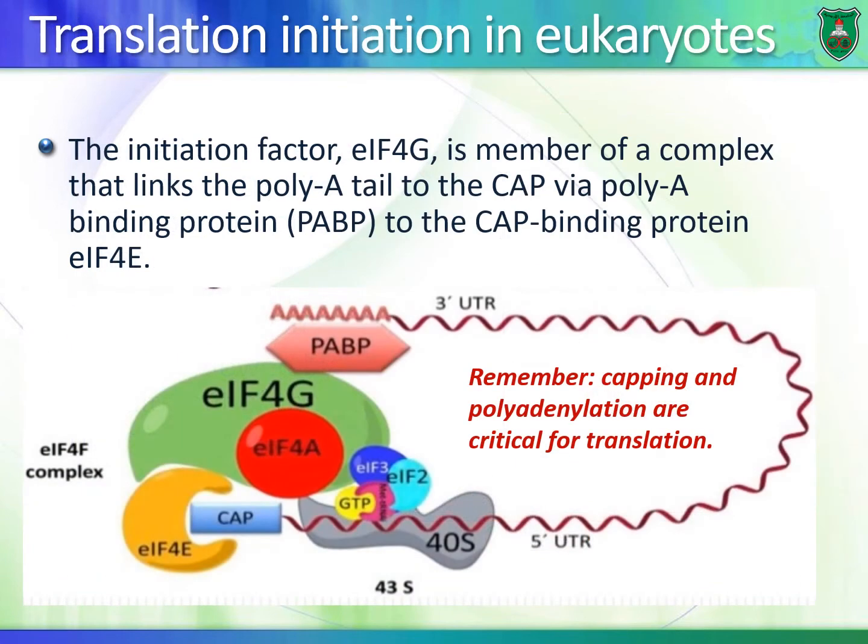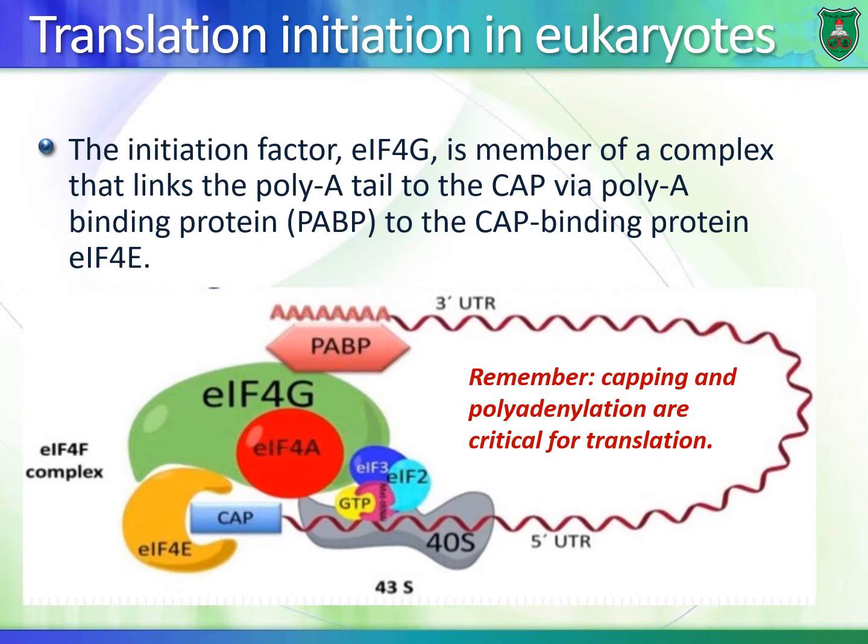Okay. Now, why is that important? Well, again, remember when I said that the poly A tail of messenger RNA is important for translation? Even though this poly A tail exists at the 3' end of the messenger RNA, this drawing explains why that is the case.